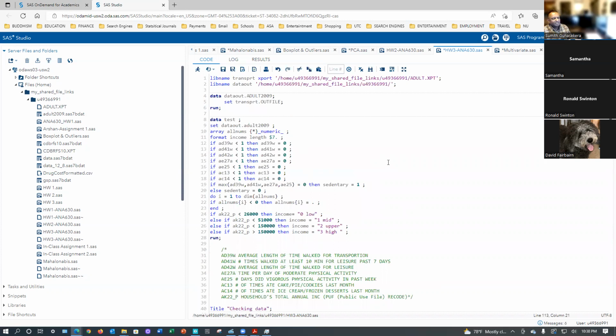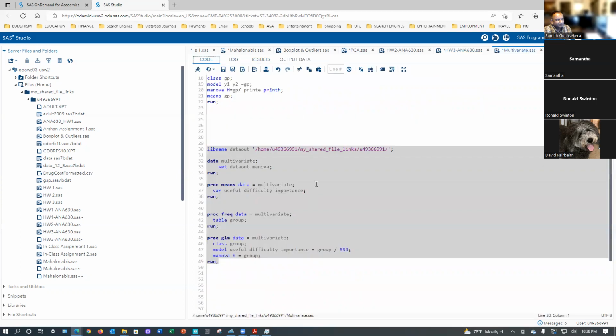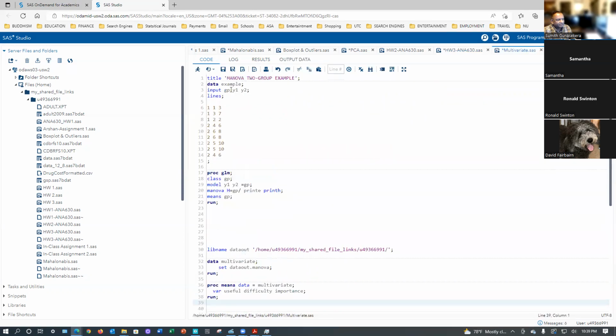So you can think about building up something very simple in the very beginning, like two variables or three variables versus one predictor, one dependent variable, one group. Can you remember what we did over here? One group, two variables.